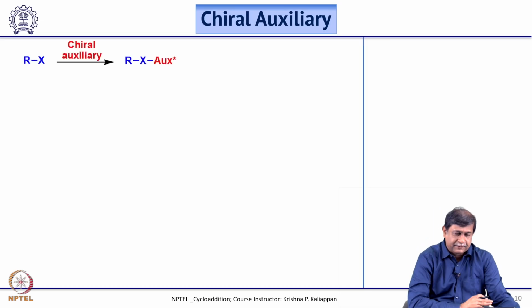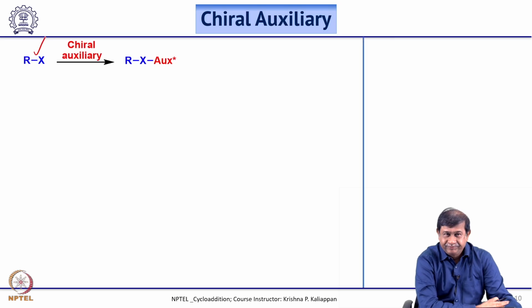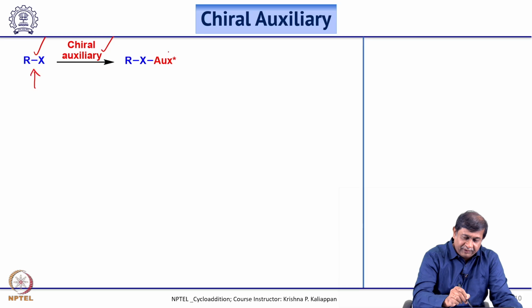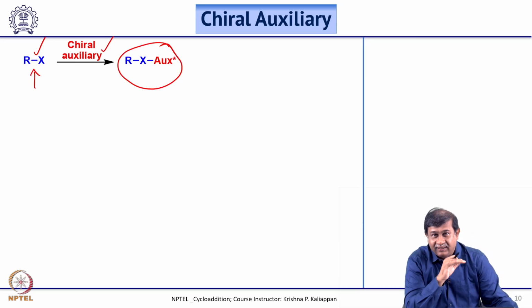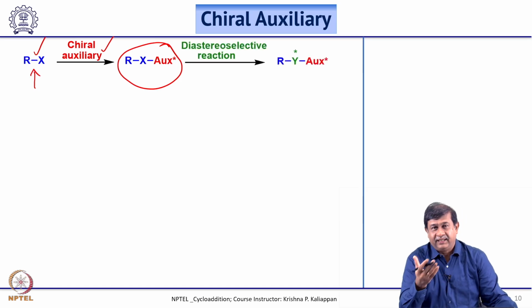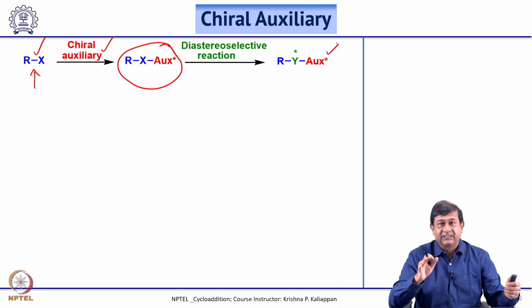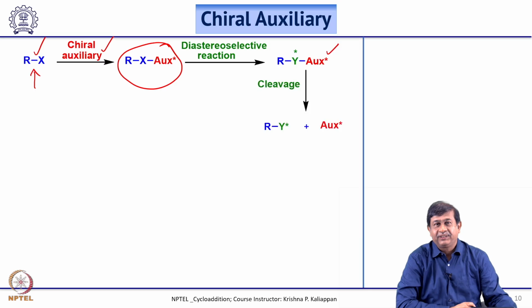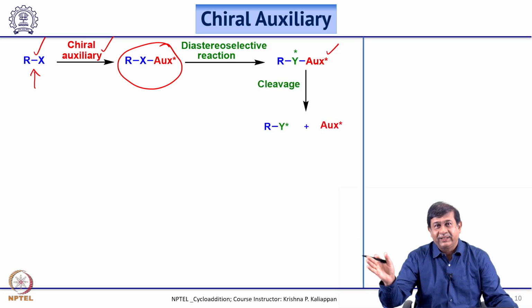So you take any substrate and attach the chiral auxiliary. This is not a chiral compound, but this one is, because it has a chiral auxiliary. Then you carry out the reaction, in this case the Diels-Alder reaction, and the Diels-Alder reaction is diastereoselective. So you get a mixture of diastereomers. You separate the mixture and remove the chiral auxiliary.